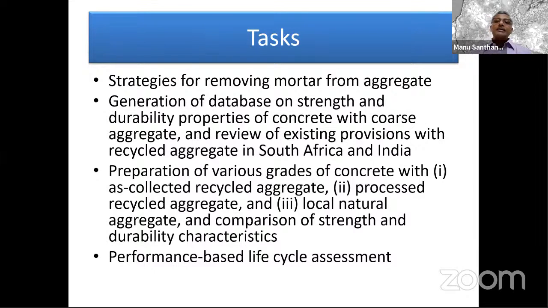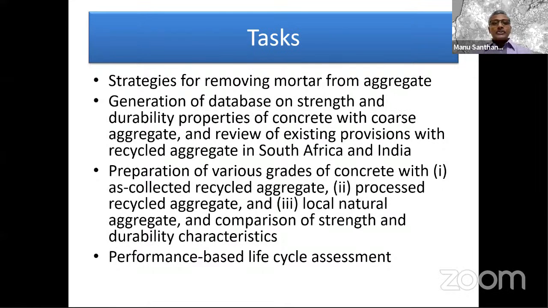We are also looking at research studies that are being done in both these universities, or all three of the universities, dealing with the properties of concrete with recycled aggregate that is either in the as collected form or processed form, and comparison with the local natural aggregate.